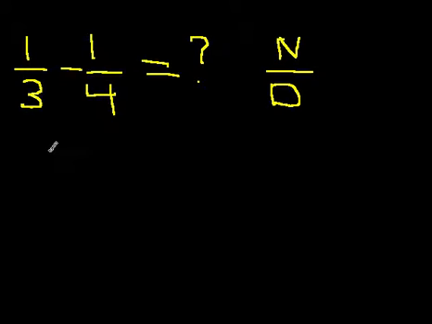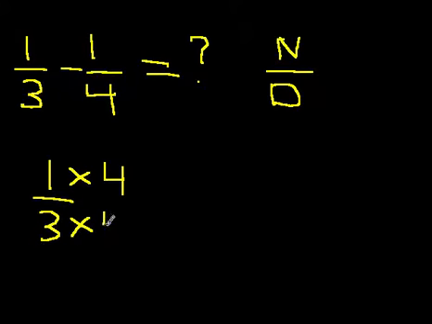And so in order to make these fractions the same, 3 and 4 share a least common multiple. So I do 1/3 times 4, so I take the bottom denominator of the 1/4 and multiply the 1/3 by it. When you do the top, you have to do the bottom.